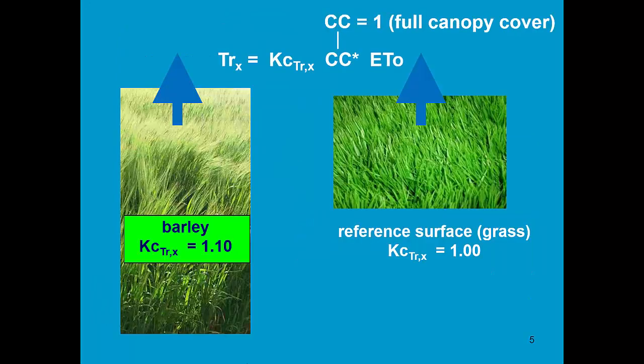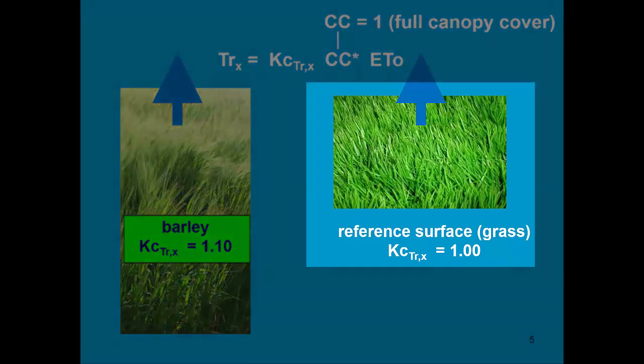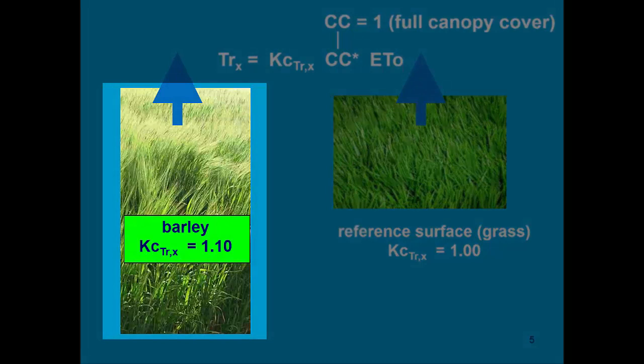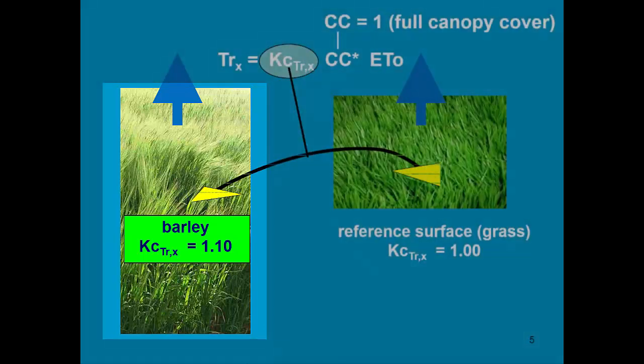Here we see the transpiration from a well-watered soil. On the one side we have the reference surface, the grass, which has a Kc TRx of 1, while on the other side we have the barley, where the proportional factor is larger than for the reference surface. It is 1.1.